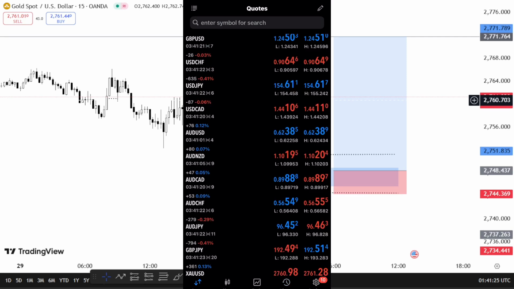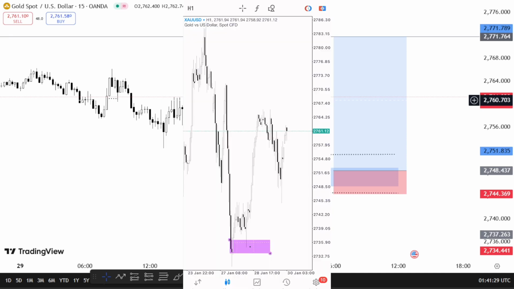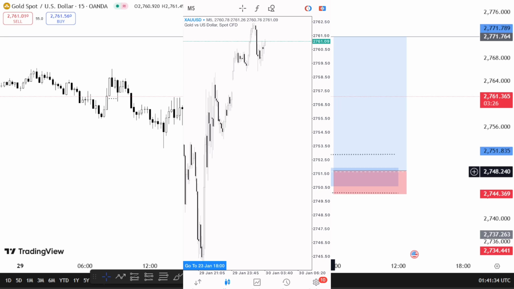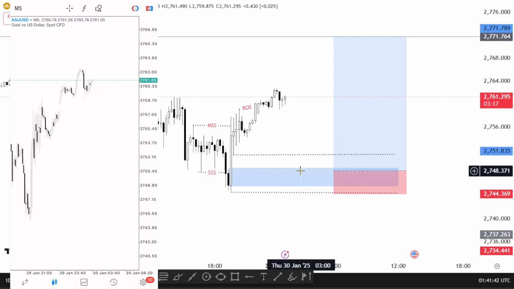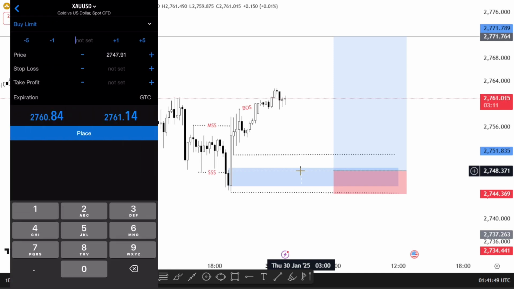So right now, come with me. All right, so this is gold. I'm just gonna go ahead and put my buy limit at the price 2748. All right, before I do that, 2748 buy limit. Before I do that, I'm just gonna check how much I'm gonna be losing.